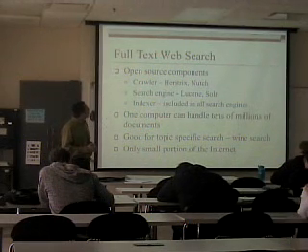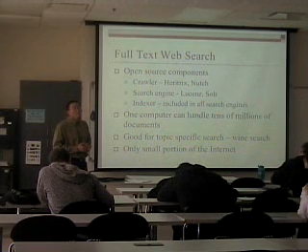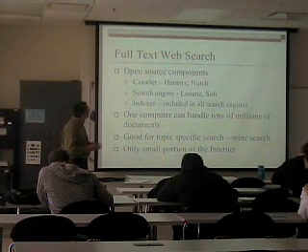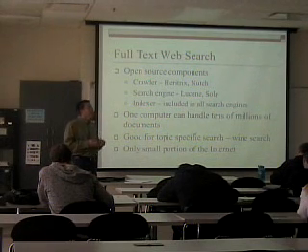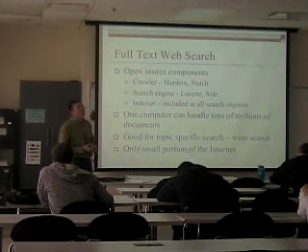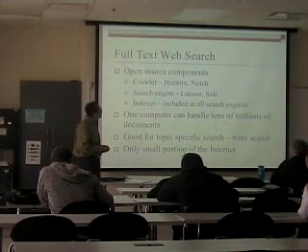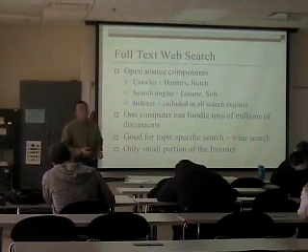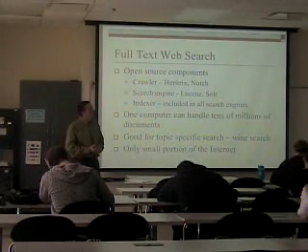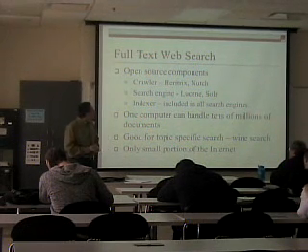Heritrix and Nutch are very well documented crawlers. For search engines, you've seen Solr. If you use a search engine to search for search engines, you will get these results. And indexers are basically part of the search engine. You cannot do any search without an indexer.